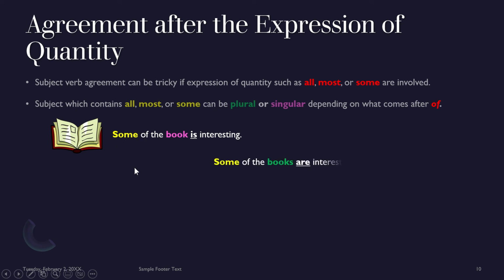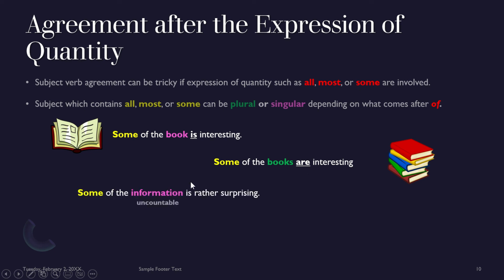Compared to this, some of the books are interesting. After the preposition of, the noun indicates plural, books. You notice the ending s after the word book, right? Therefore, since the noun indicates plural, the verb must be in plural form.